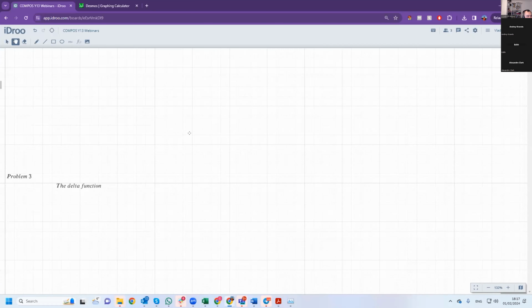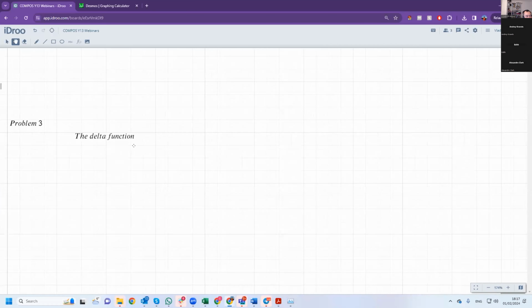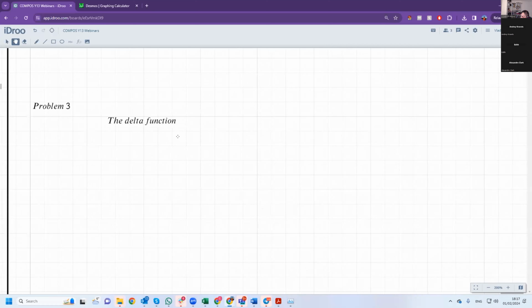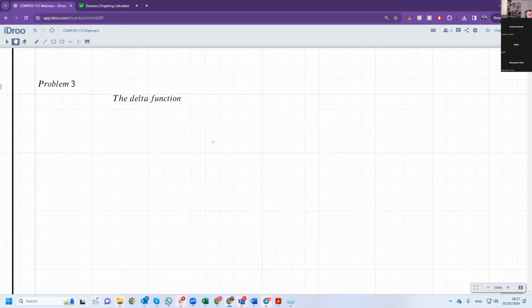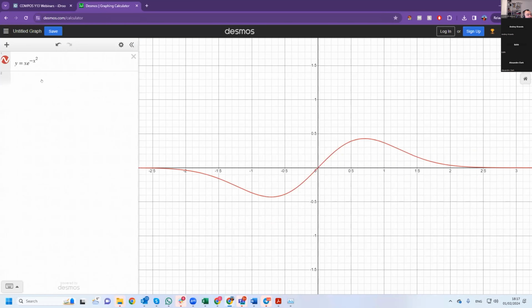Okay. Now the delta function is pretty much the Gaussian, except it's a modified Gaussian.